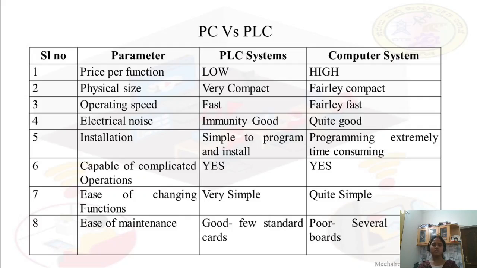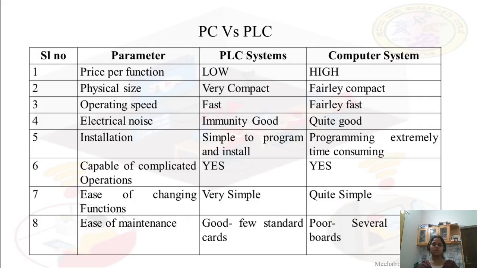And next we have seen the classification of PLCs based on I/O modules and application ranges. Based on I/O modules, we have analog I/O system and digital I/O system. That is, whether the input and output should be analog or digital. Then again we classify based on application ranges.